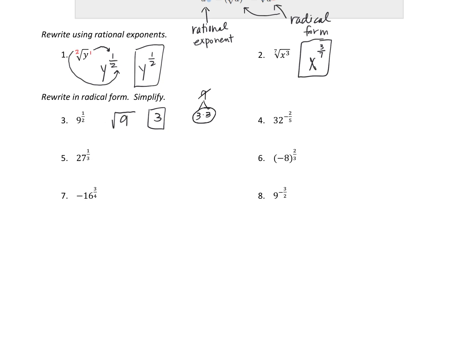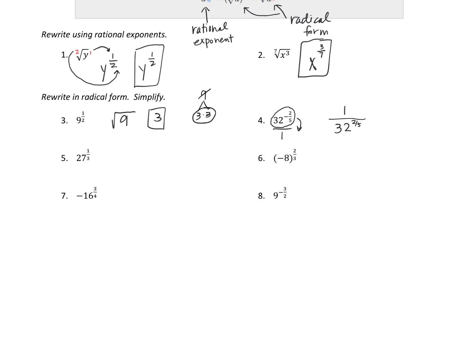So for number 4, remember that if you have a negative exponent, you're taking that base and moving it to the other side of the fraction. Right now it's not a fraction, but we could write it over 1. And that 32 would be moving to the denominator. So this is going to become 1 over 32 to the positive 2/5 power. When you move it, it changes the sign on your exponent.